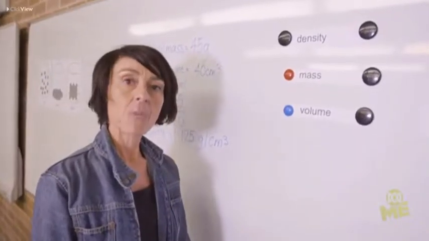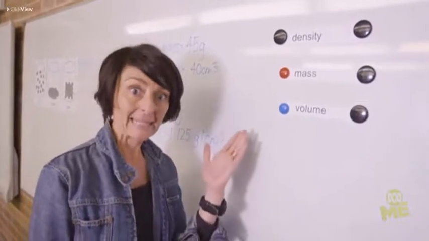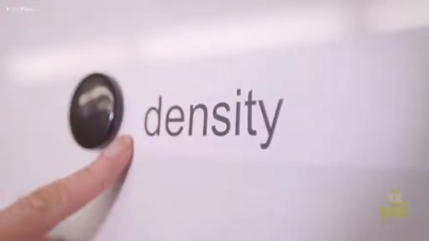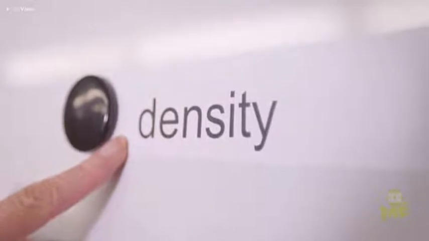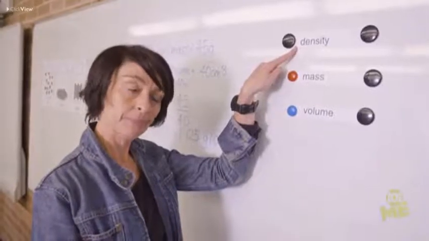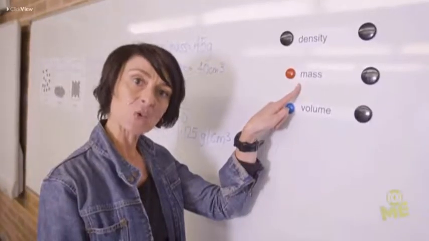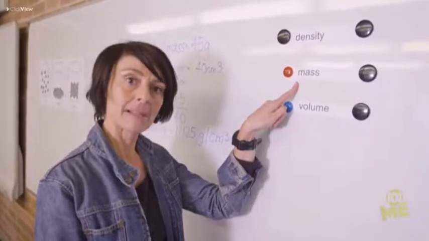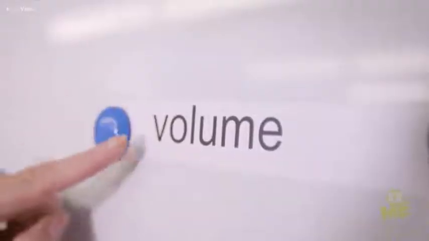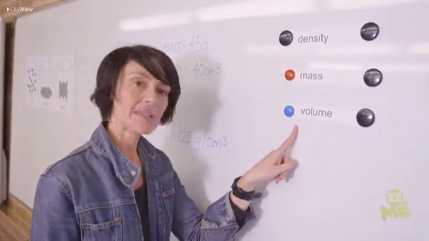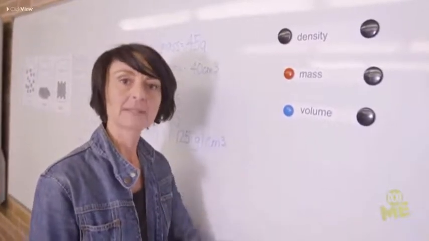Let's have a look at what the words in our formula mean again. Density, a measure of mass per volume. Mass, the amount of matter or substance that makes up an object. And volume, the amount of space occupied by an object.